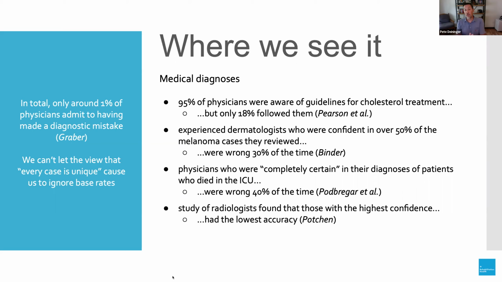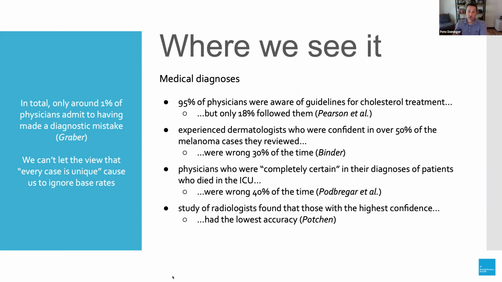This next one is pretty acute in that there were physicians who were given a series of options as to how confident they claimed they were about a diagnosis of a patient who subsequently died in intensive care. Those who chose to say that they were completely certain in the diagnosis were found as a result of autopsies to have been wrong 40% of the time.